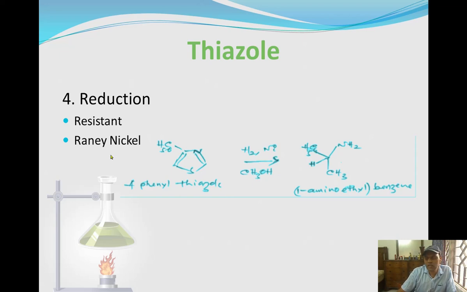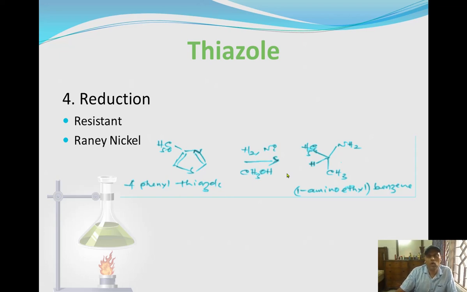So Raney nickel is a special kind of nickel, very porous in nature. So here you are taking 4-phenyl thiazole, subjecting that to gaseous hydrogen in the presence of Raney nickel. Here you are taking methanol as the liquid medium.